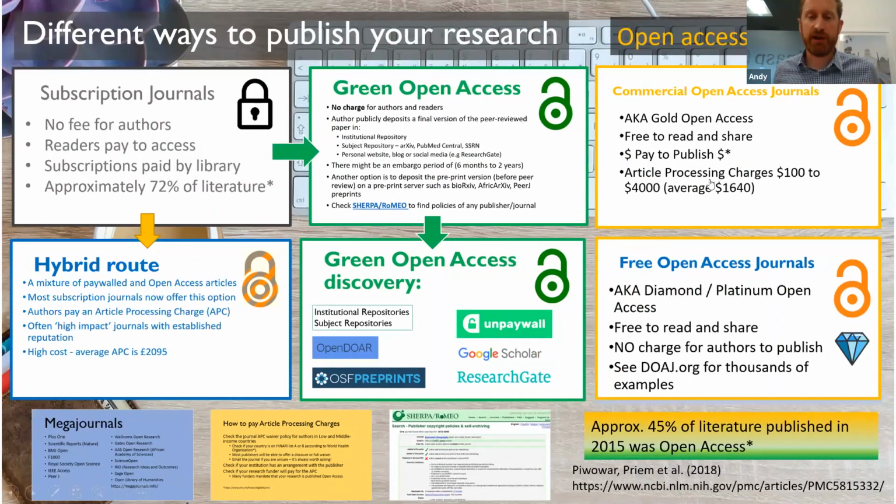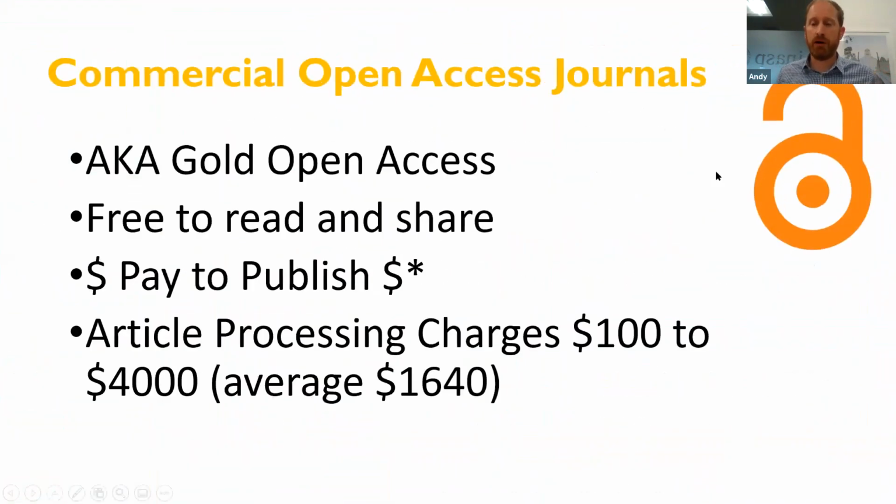But that's green open access, and it's quite confusing, and if necessary, I can explain more about it later. But the other model of open access is often referred to as the gold route, and this is for journals which are completely open access. And this is quite often the model that commercial publishers have used with individual journals.